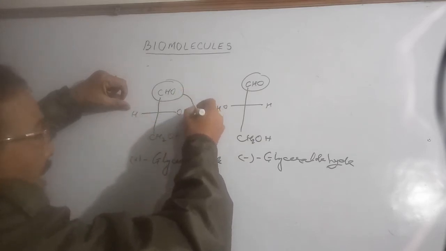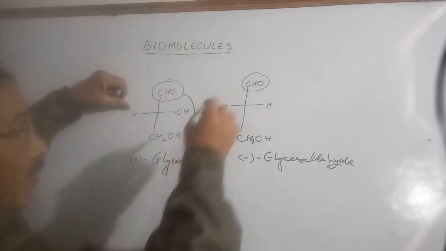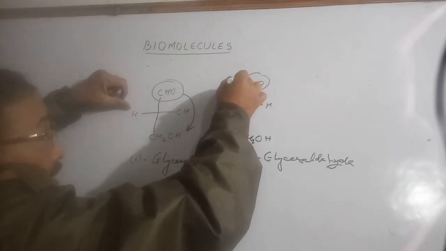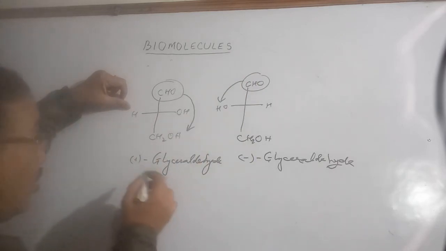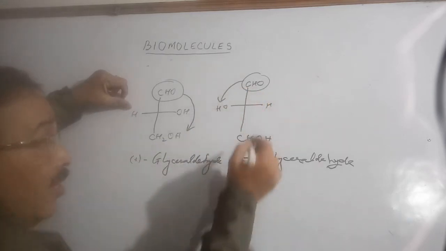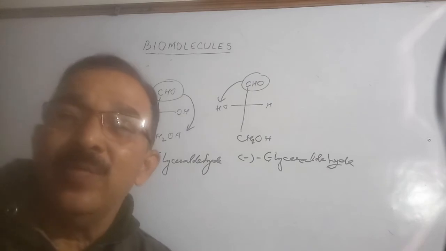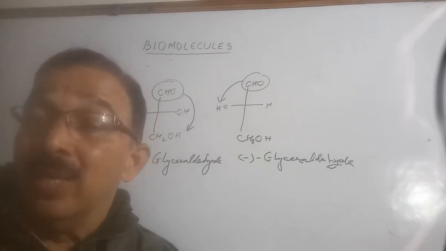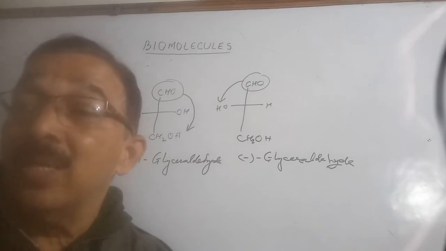So the rotation is clockwise, whereas in this case the rotation is anti-clockwise. So for clockwise here is your plus, and for anti-clockwise it is your minus. So there are two isomeric forms of glyceraldehyde, plus glyceraldehyde and minus glyceraldehyde.